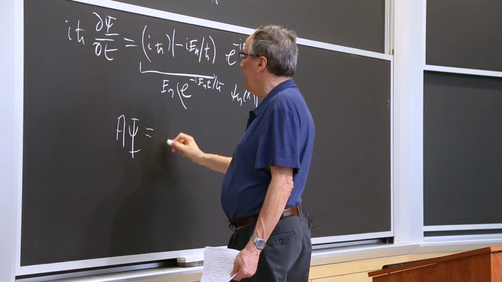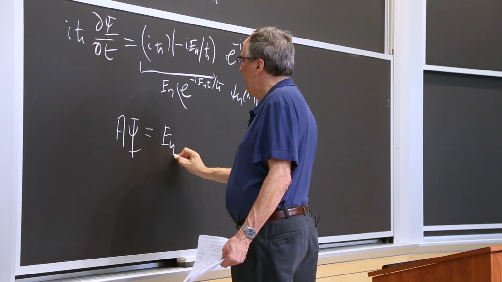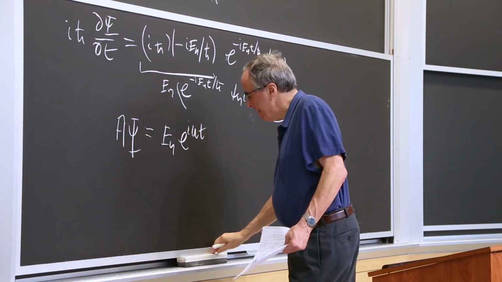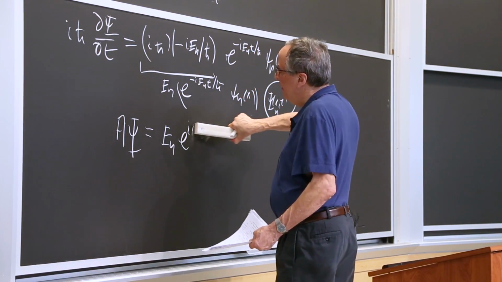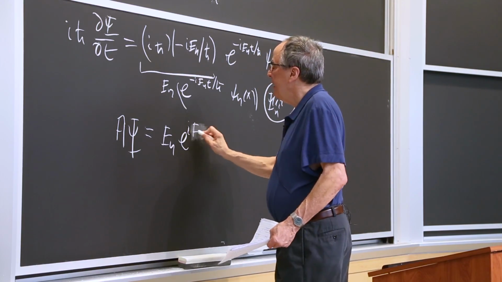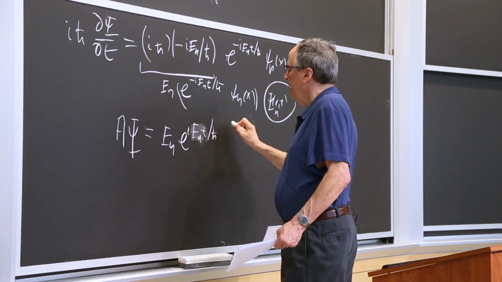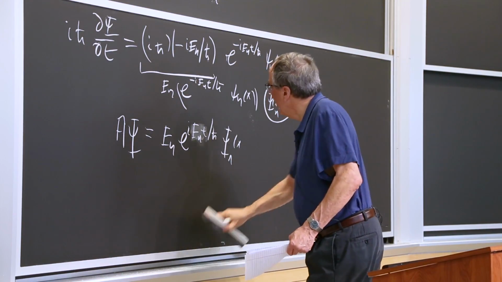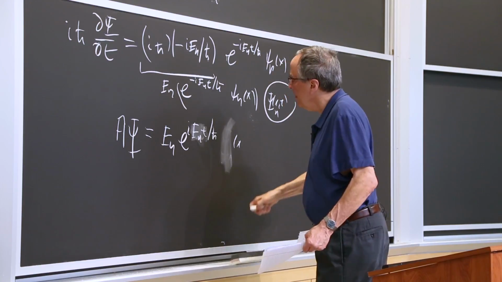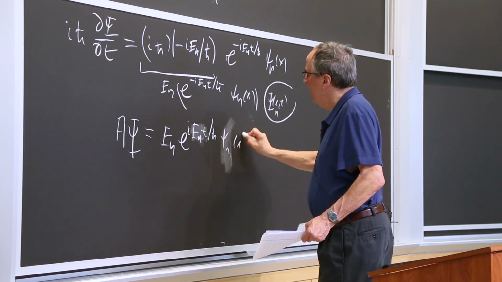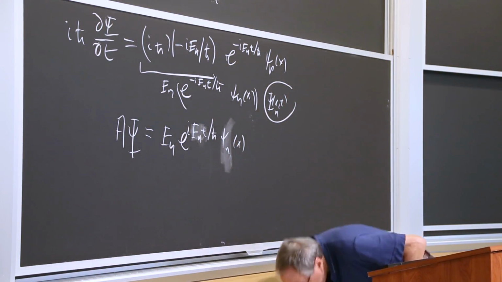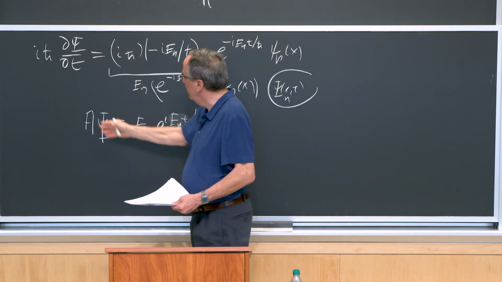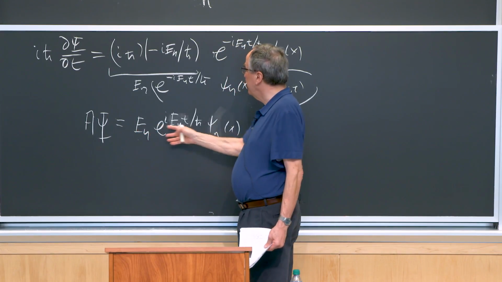So what we have is that we get E n times e to the minus i E n t over h bar psi. All right. So if we apply the Hamiltonian to this function, we get just E n times the function.